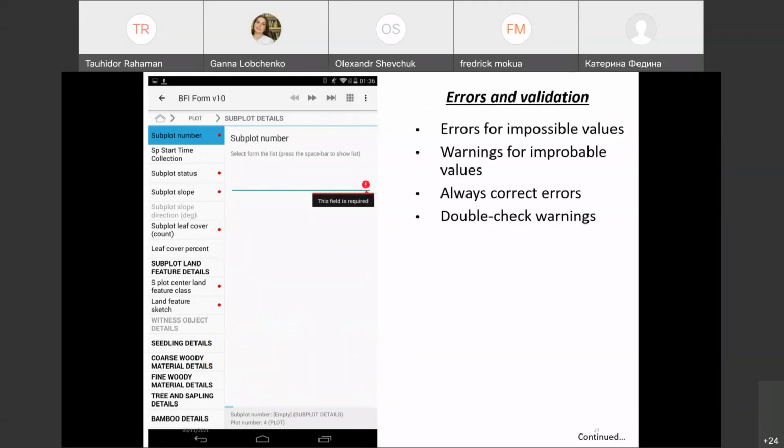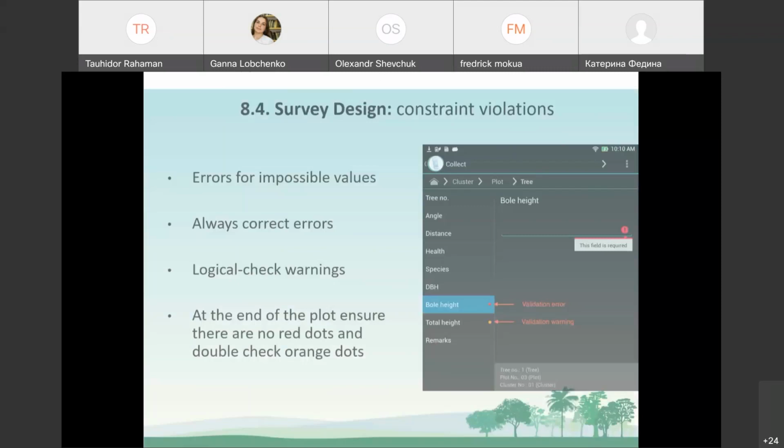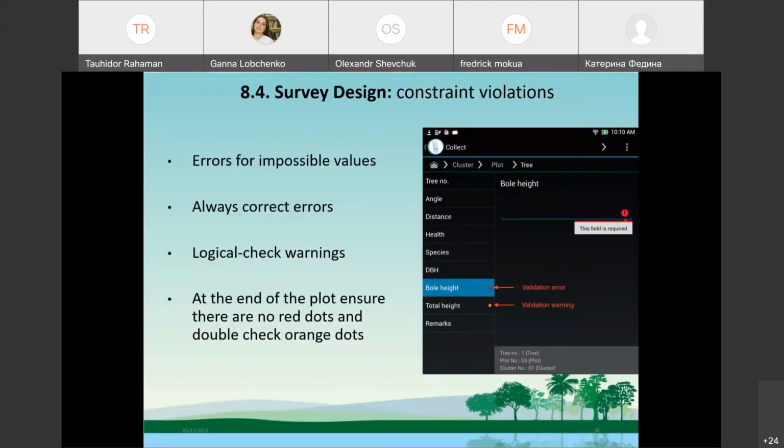Error check and validation for the subplot number. As I discussed, if the plot is in, except Sundarban, and I put 6 here, it will not go because of this validation. It knows that the subplot cannot be more than 5. So this sort of logic we can set here. And one more thing, like bole height and total height.